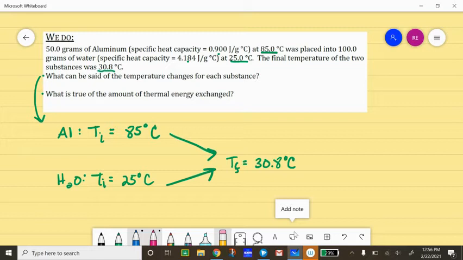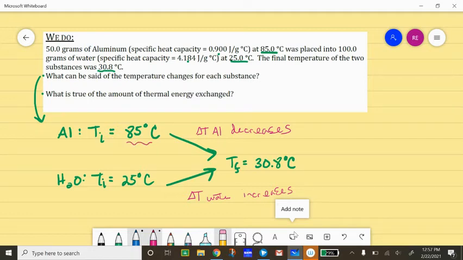Well, we can say that the temperature change for aluminum decreases, right? So the delta T for aluminum decreases, while the change in temperature for water increases. One of the things you might notice, though, is the degree of change.